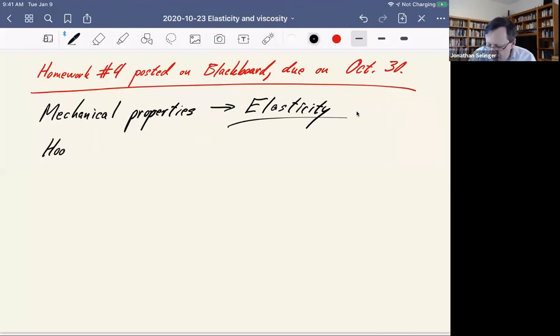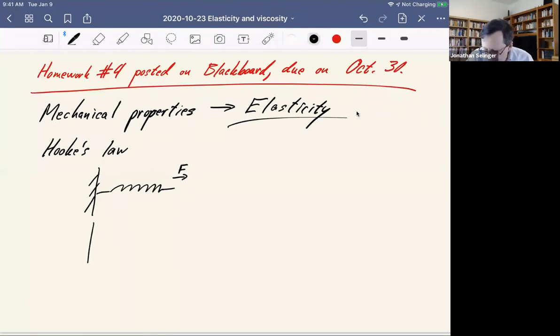Physics students typically learn Hooke's law in the context of a spring, right? So let's suppose here we have a spring attached to a wall, and we pull on the spring. There's some force, F, that's applied to the end of the spring.